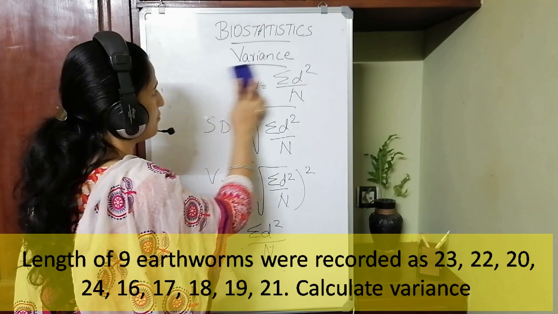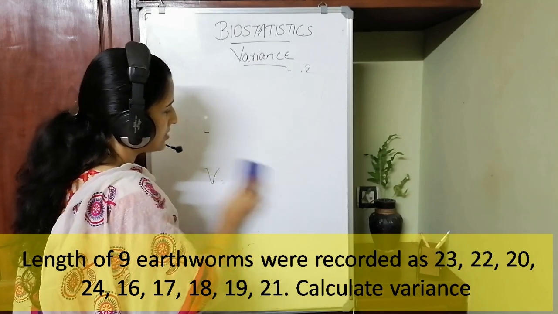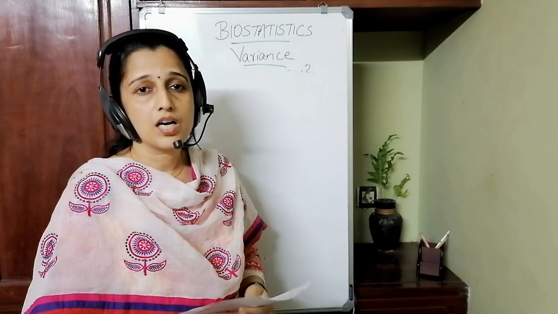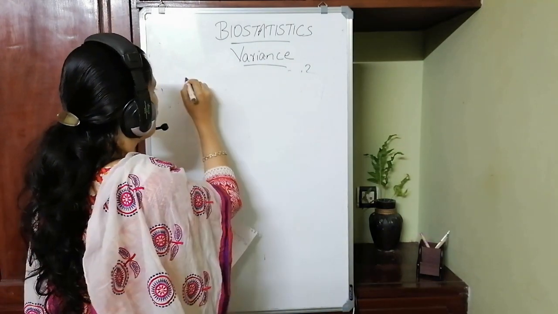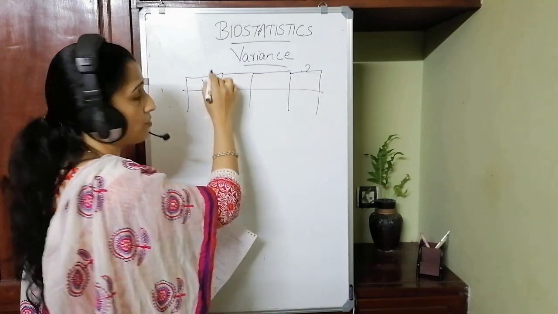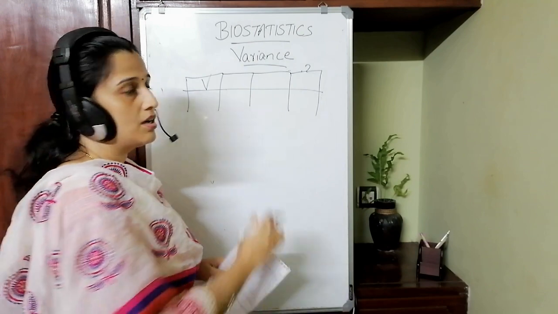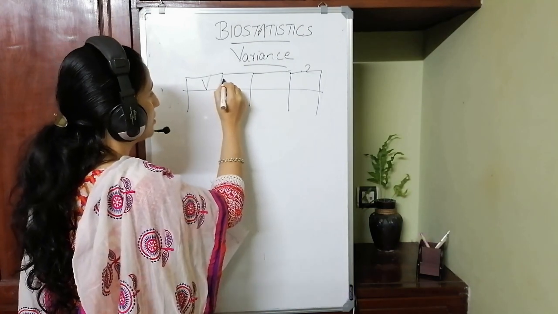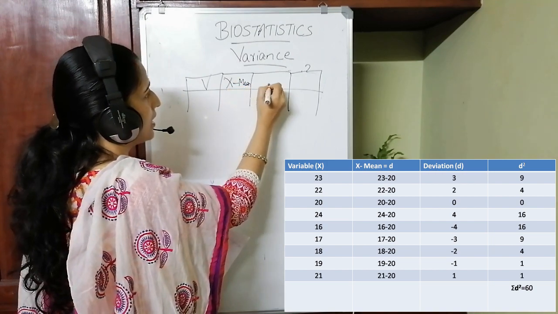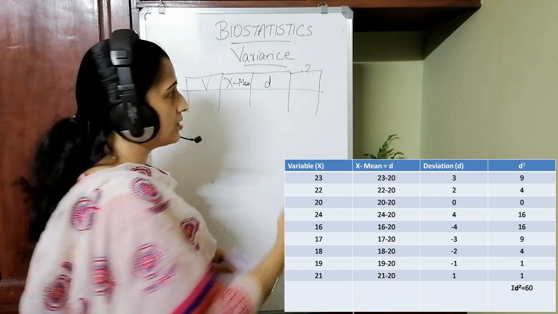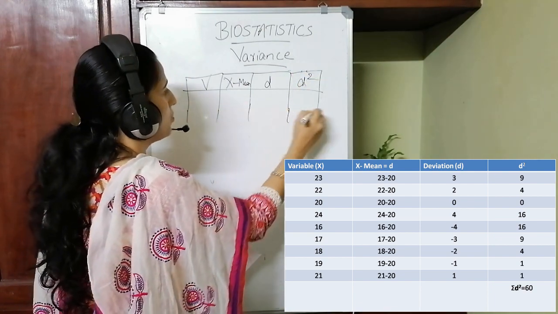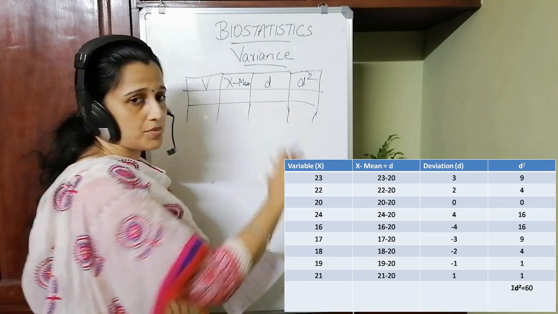When you get this question, the first step is, as we explained in standard deviation, to make a table with 4 columns: one for the variable x, one for x minus arithmetic mean, that is d or the deviation, and another column for d square. Then substitute the values given in the question.